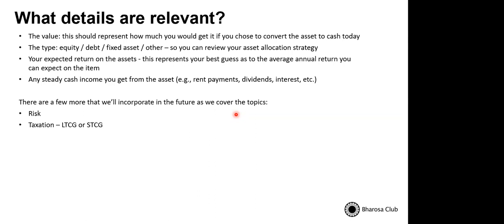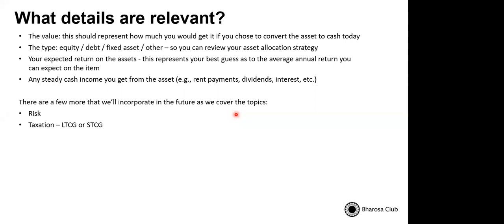For example, you may have a life insurance policy that contractually pays you 1 crore at maturity of the policy, but its surrender value may be less than 1 crore. It may be, say, 50 lakhs. So if you wanted to convert that asset into cash today, you would have to take the surrender value, not the future value.